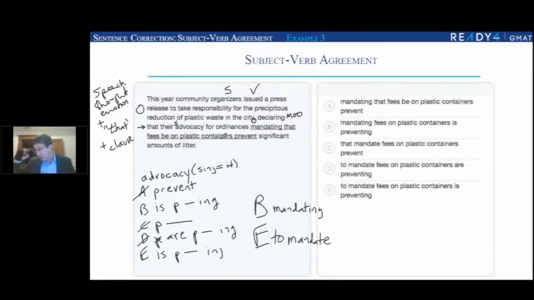So what you want to think about is the fees that we're talking about. Are the fees like an action that we're taking on the way to a goal, or are the fees a goal, like the ultimate goal? Do you guys see what I'm asking?